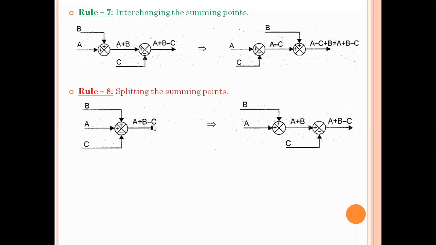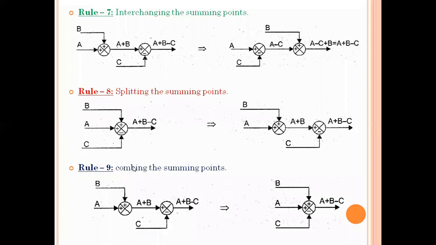If we want to split these 3 inputs into 2 and 2 inputs, then we will have 2 summing points. You can split like this or like this also. You will get the same output. Okay, this is rule number 8.